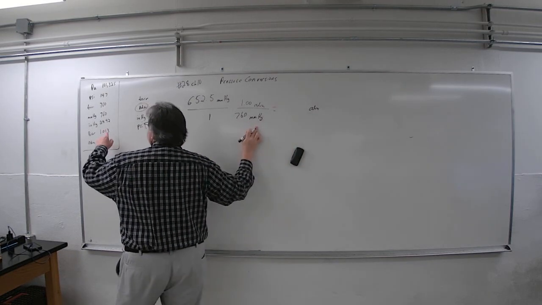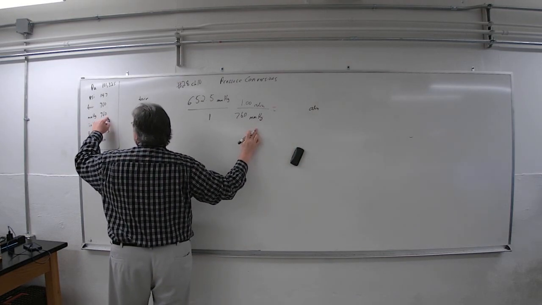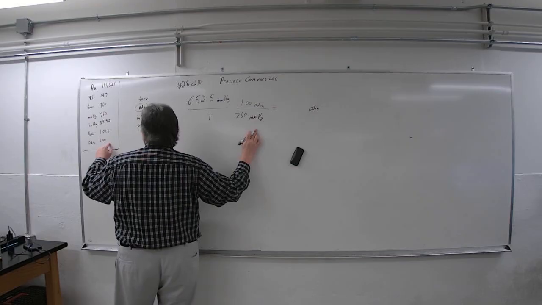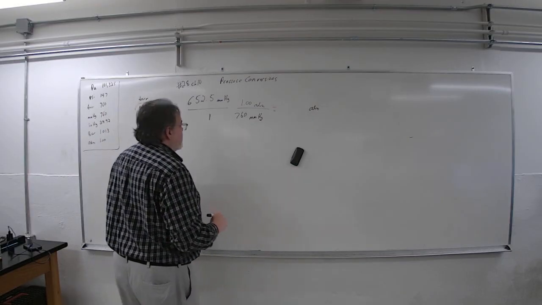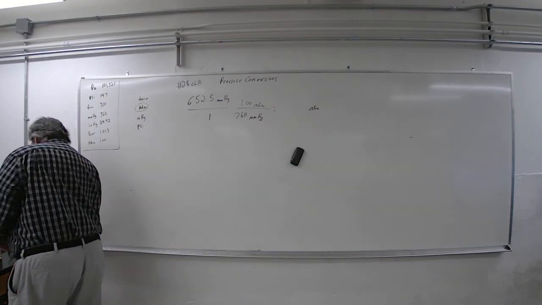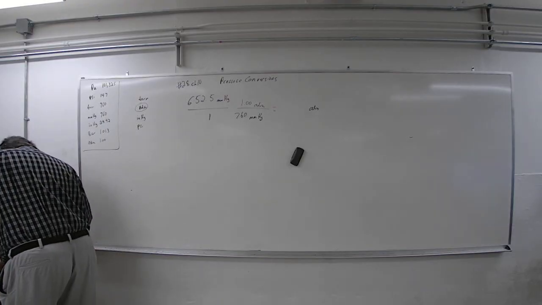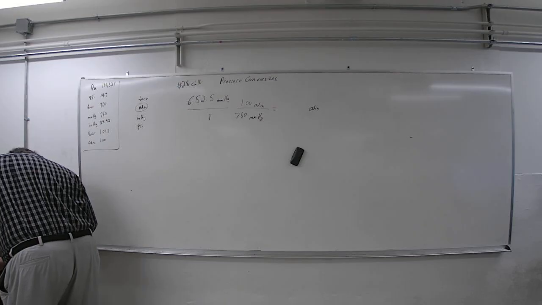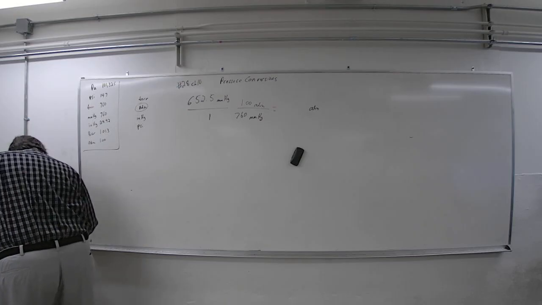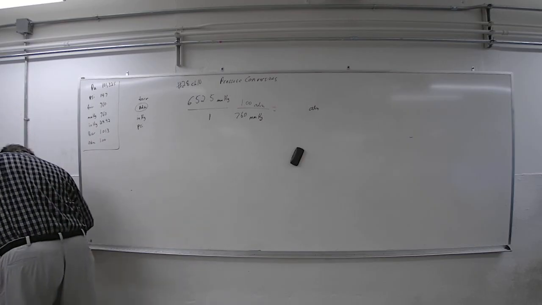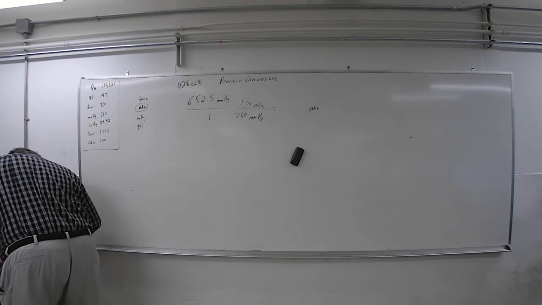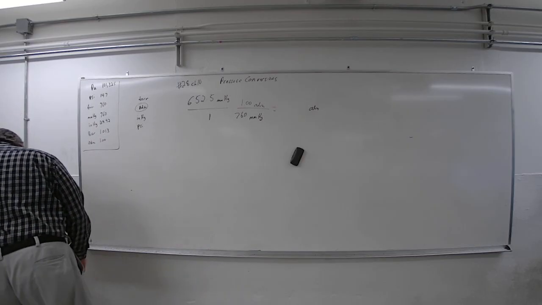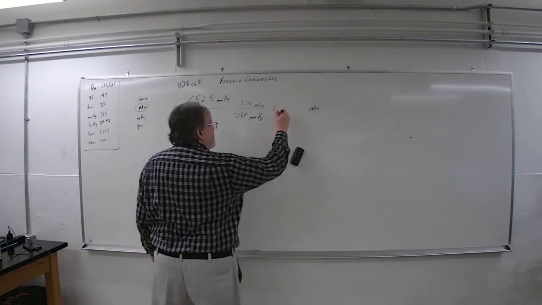So I've got 760 millimeters of mercury, then 1 atmosphere. So that's just 652.5 divided by 760, which is 0.859.